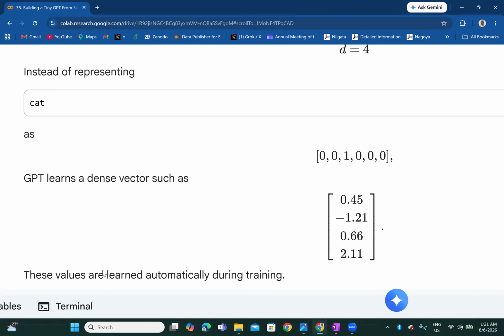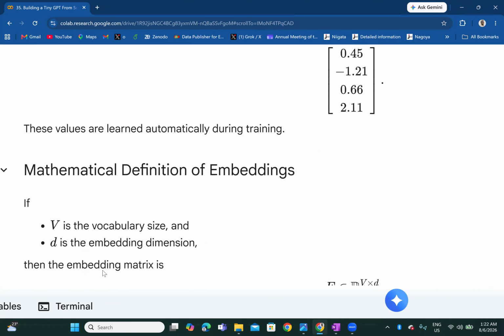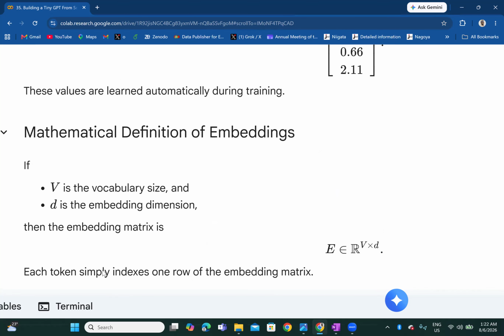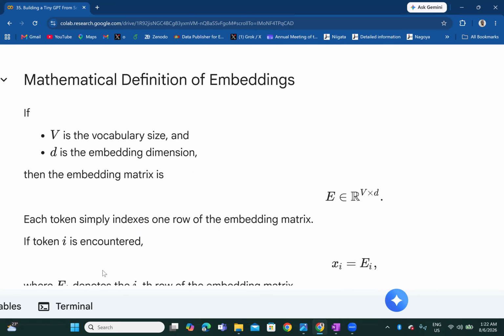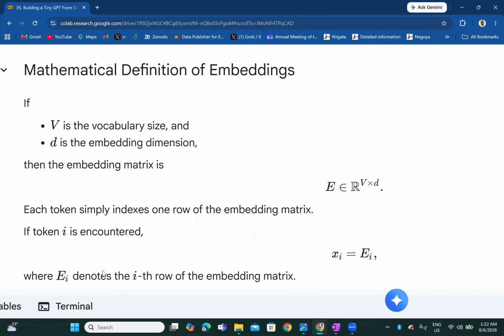When you train the model on whatever material you have available, the model learns these patterns so that when you prompt it, it follows these patterns and uses them to do all the matching. The mathematical definition of embeddings: V is the vocabulary size, that's the number of tokens. If you use characters, that's the number of characters. If you use words, that's the number of words. If you use word chunks, the total number of tokens gives you the vocabulary size, and D is the embedding dimension.